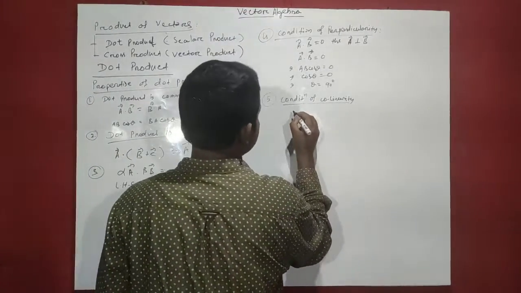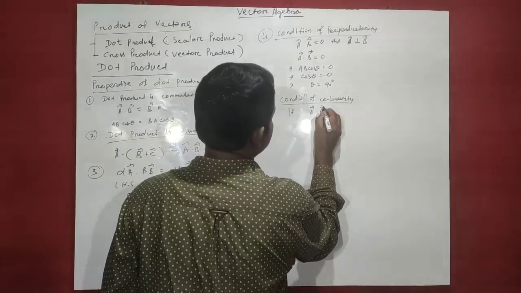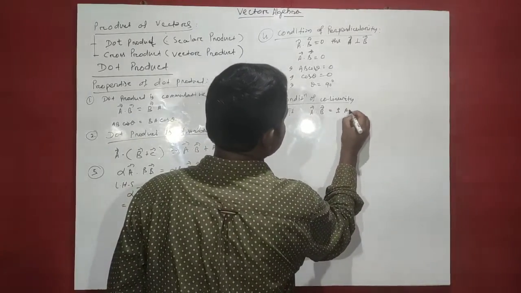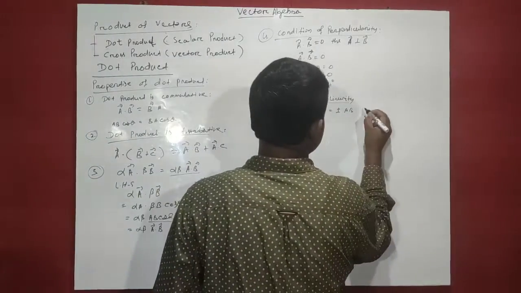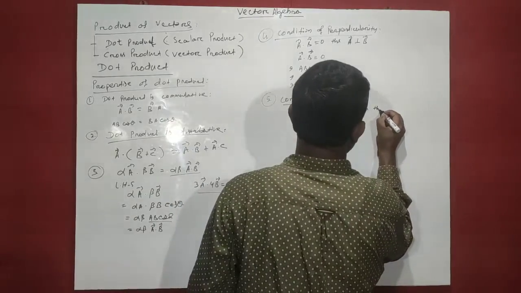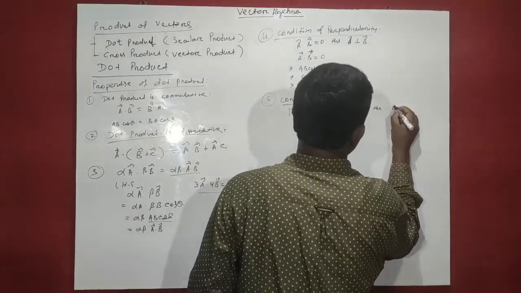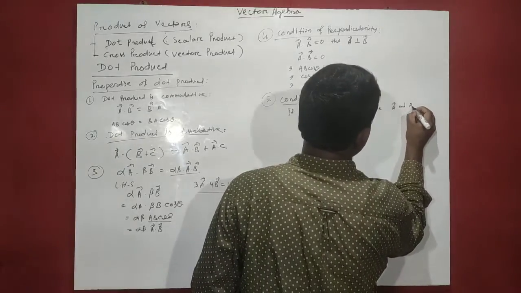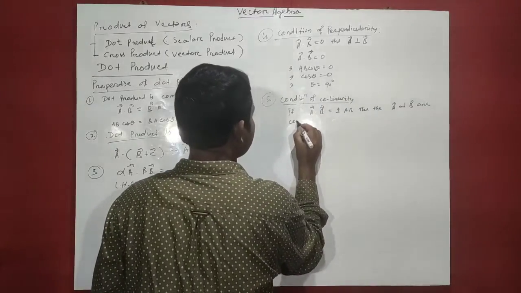Guys, that means if A dot B is equal to plus or minus AB, then A and B are said to be collinear vectors.